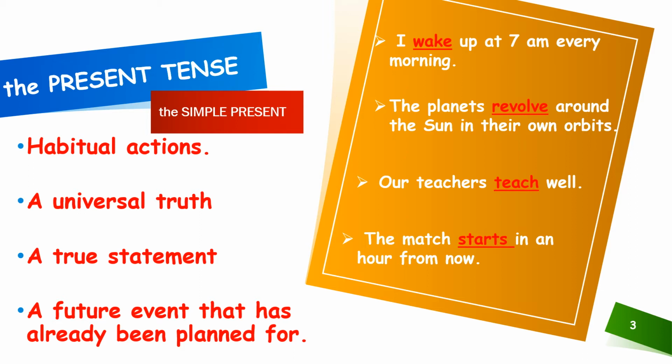So, if it is a plural, then it will take the single verb, that is revolve. Yes. And teachers, in the same way, we are talking about teachers. Now, if the sentence had been our teacher, then it will be teaches. Yes. So our teachers teach well, or our teacher teaches well. So you need to keep this also in mind when you're doing the tenses, my dear students. And the match is the third person singular, so it says starts. Clear?